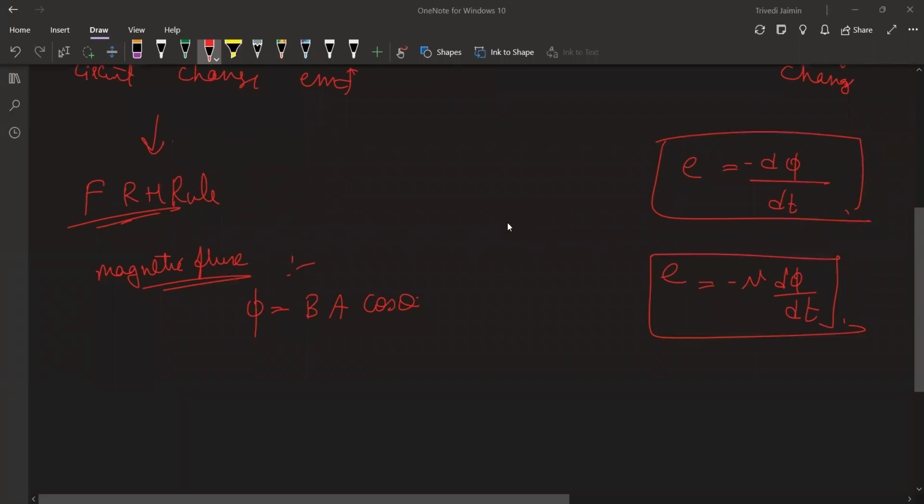In that we have Lenz's law. So what is Lenz's law?